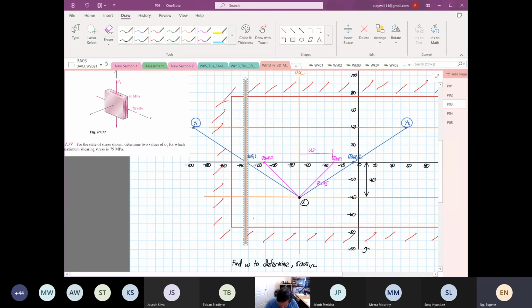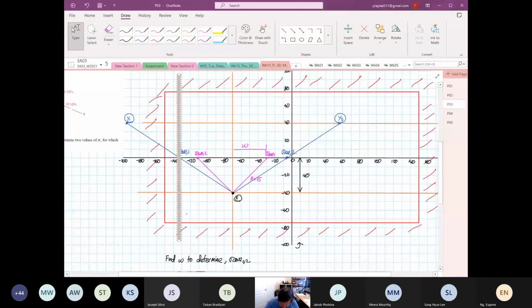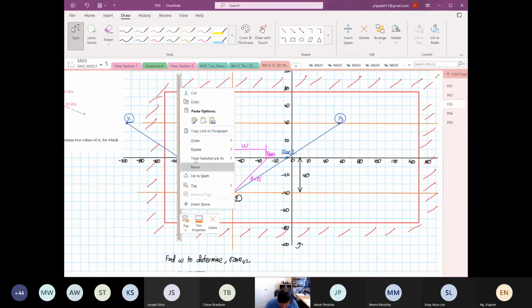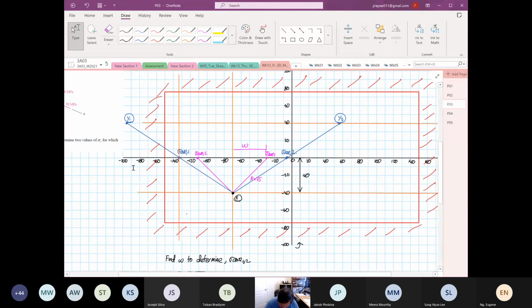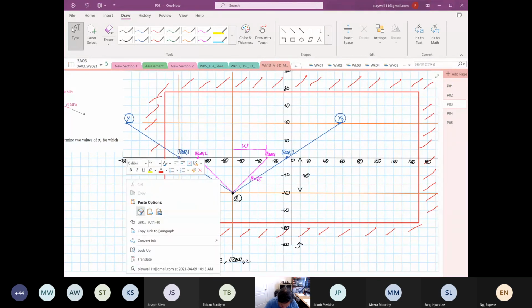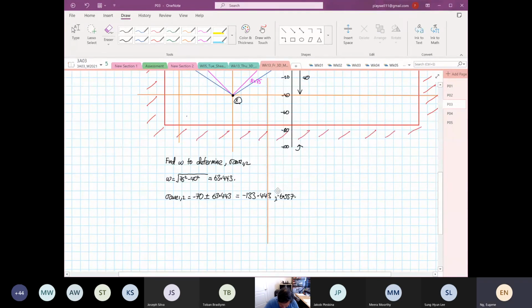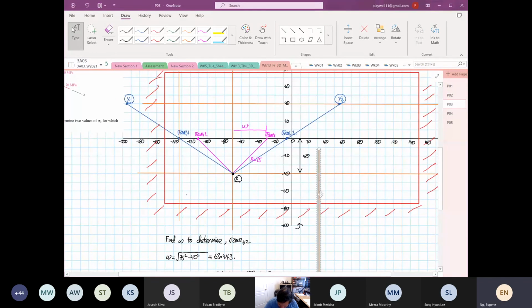This is our stress average 1. This is our stress average 2.